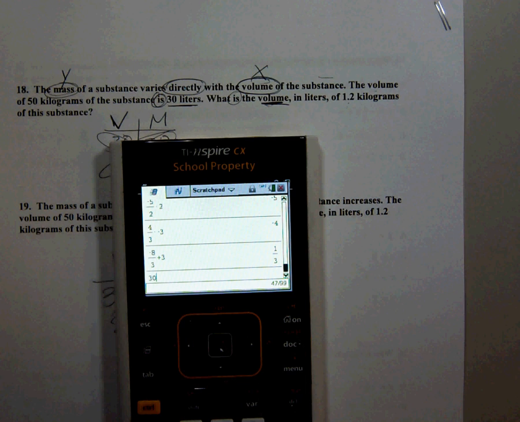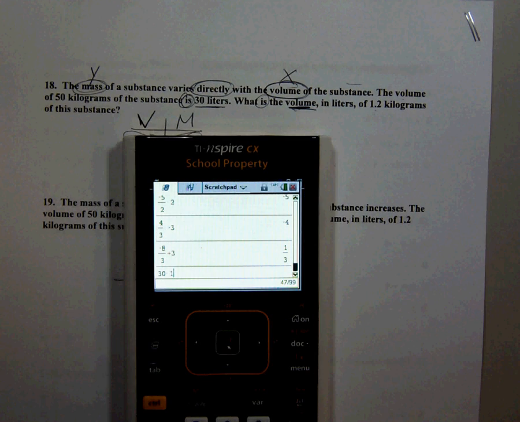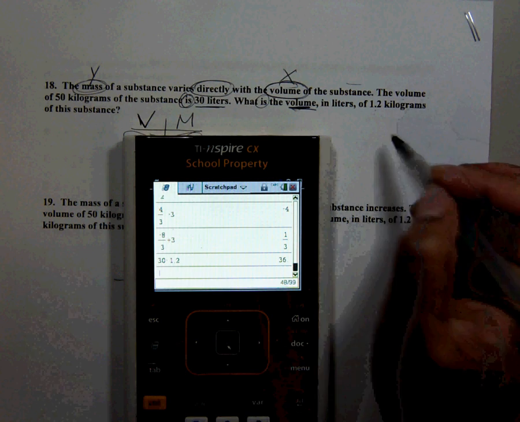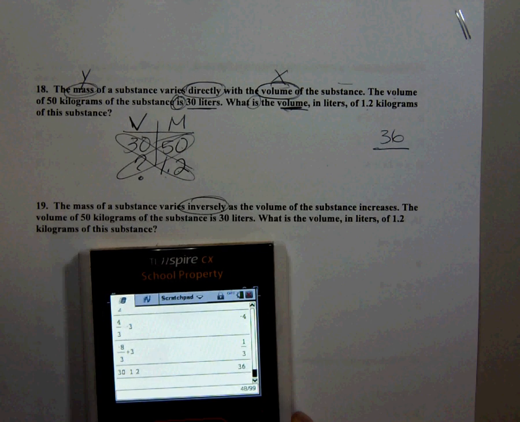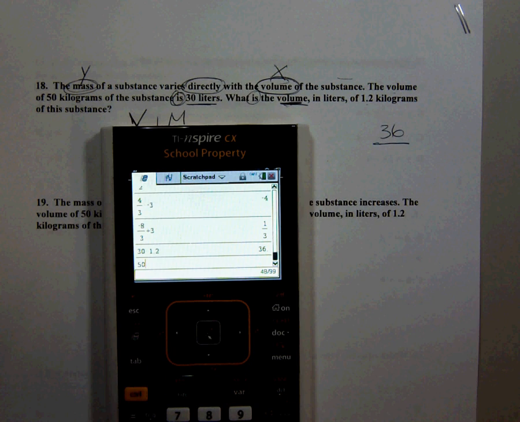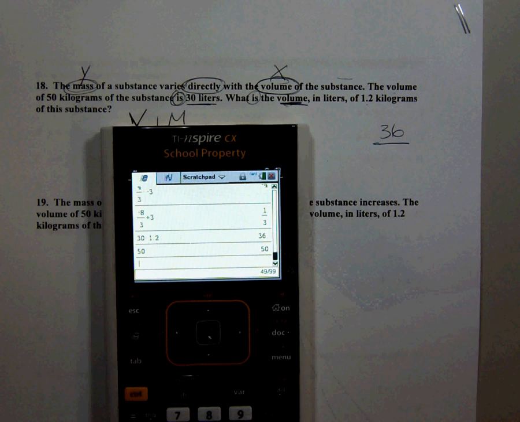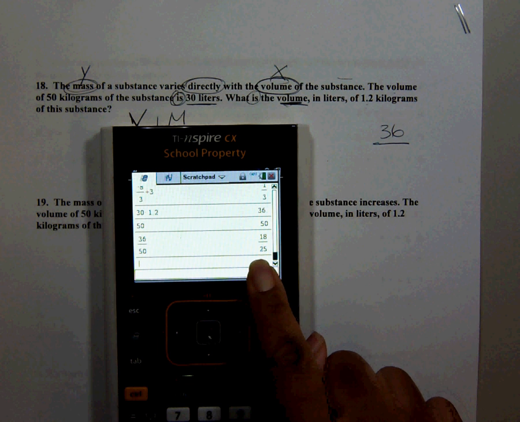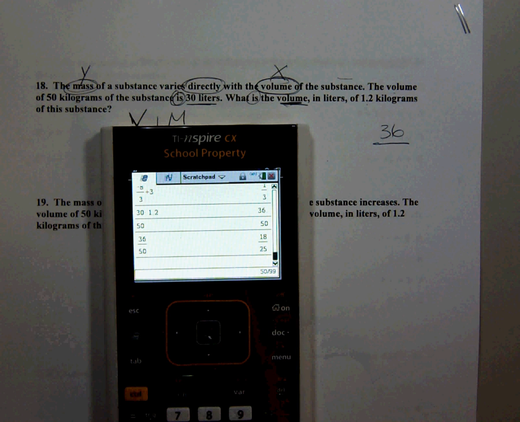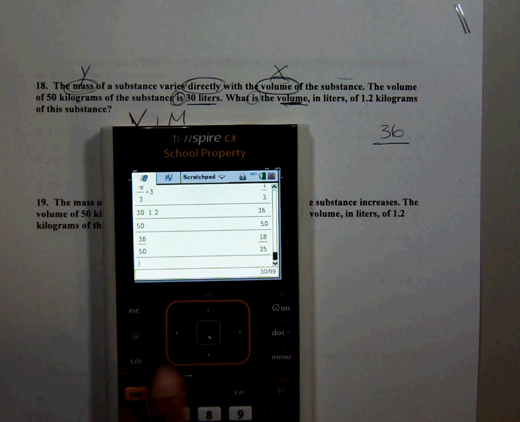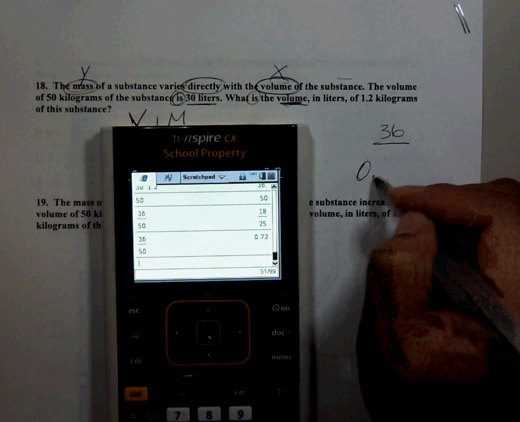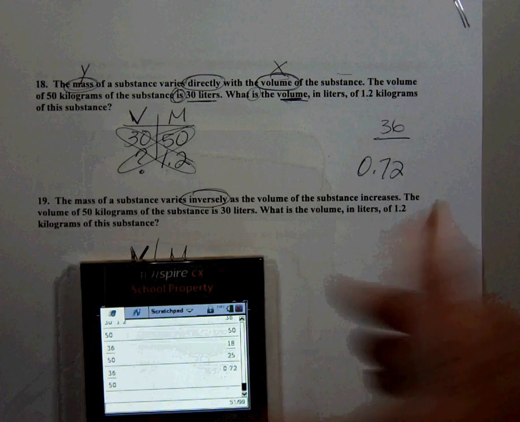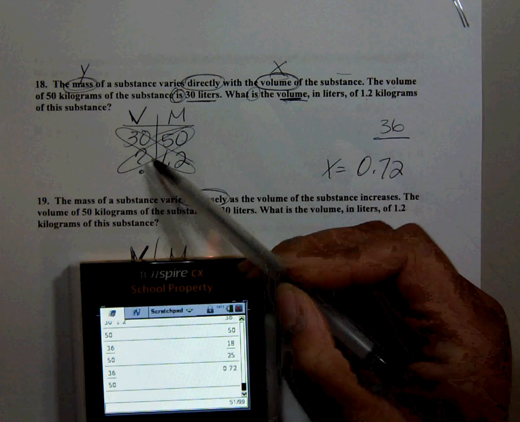And 30 times 1.2 is 36. Then we divide by 50. 36 divided by 50. There you go, and you got 18 over 25. If you want to make that a decimal, you could do Control Enter, and 0.72 would be the value of x, or the volume.